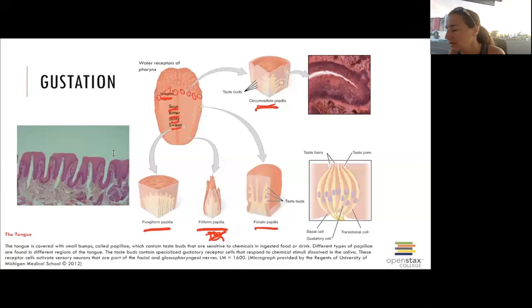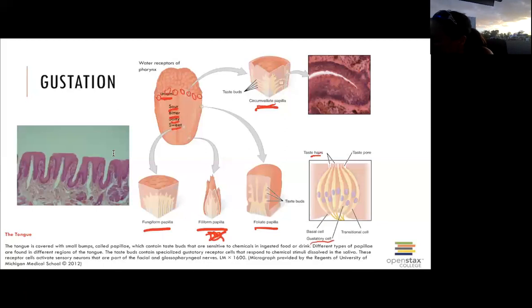So these are the papillae that you need to know, and we can detect all of these different tastes, sweet, sour, salty, bitter, fats, umami. We can detect these things with the taste buds. And how do those taste buds work? We're going to have our taste hairs attached to the ends of these cells.